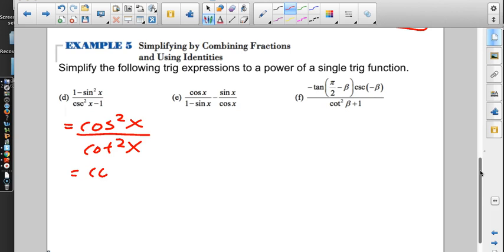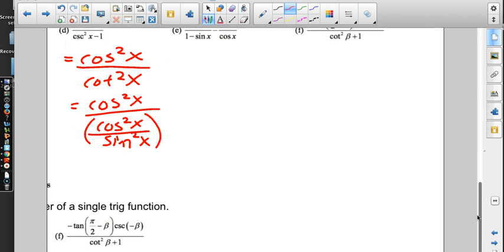So we've got cosine squared x over cotangent. What is that? Cosine over sine. Well, again, it's a fraction. We don't divide fractions, we multiply by the reciprocal.